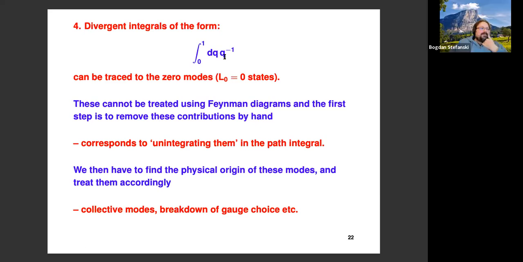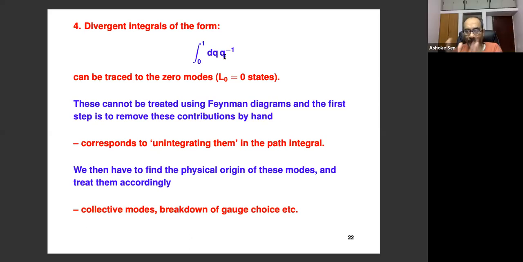So this is in fact a strong consistency check on the calculation. The individual Feynman diagram contributions will depend on which particular version of string field theory you have chosen. But when you add up all the results, you will find that the final results should be independent of those parameters. And this can be used as a check to make sure that you have not done something wrong in your calculation.